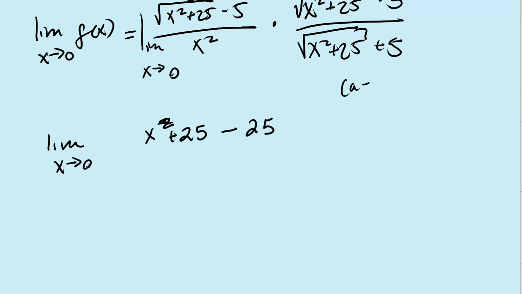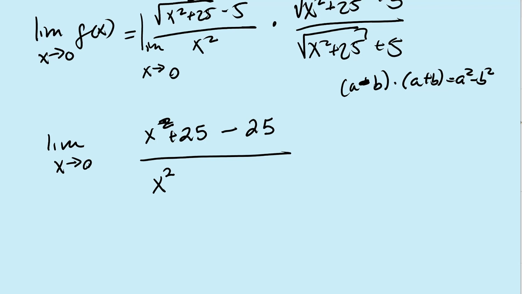Again, why is that? Because a minus b times a plus b equals a squared minus b squared. That's our top. Our bottom is not going to simplify. We have x squared times the square root of x squared plus 25 plus 5.